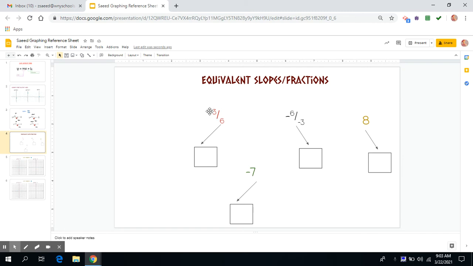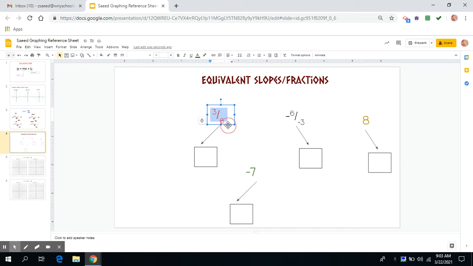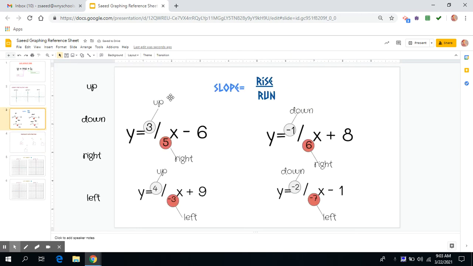So remember, when you have a fraction, you can either simplify it or you can't simplify it. So 3/6 we can simplify to what fraction? Again, I don't want it in a whole number, I want it as a fraction. So this can be simplified to 1/2, which is easier to graph. All right, -6/3 can be simplified to +2, but I don't want a whole number when it comes to graphing my slope because, again, you need rise over run.